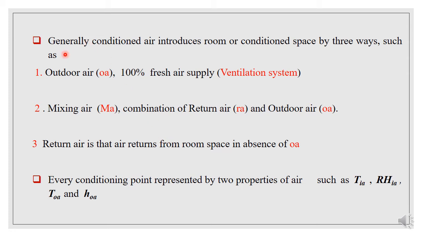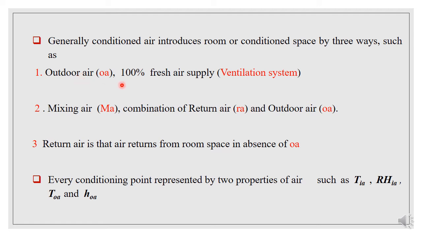Alright, so now basically there are three ways whereby the conditioned air is introduced in the room or conditioned space. Like we just discussed, we have outdoor air, we have mixing air, and we have return air.